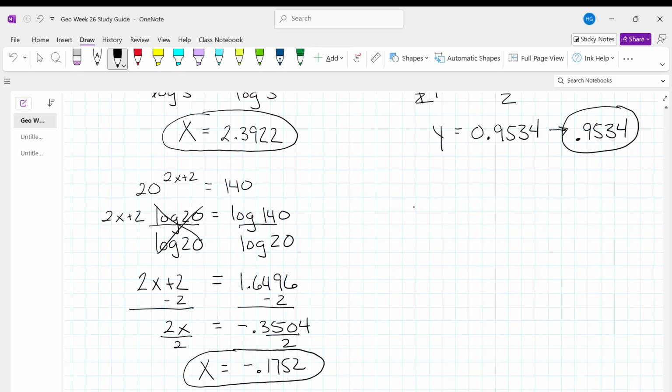All right, one more example. We got 3 raised to the 3x minus 4 power, and that's equal to 7. Same process, write it in log form. 3x minus 4 log 3 is equal to log 7.